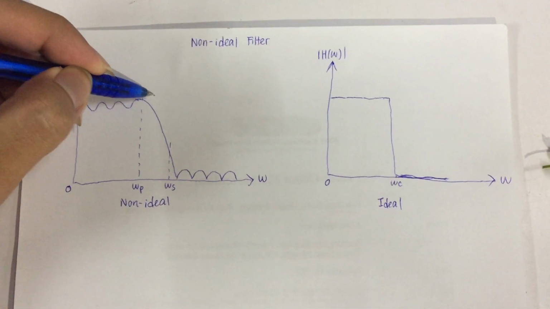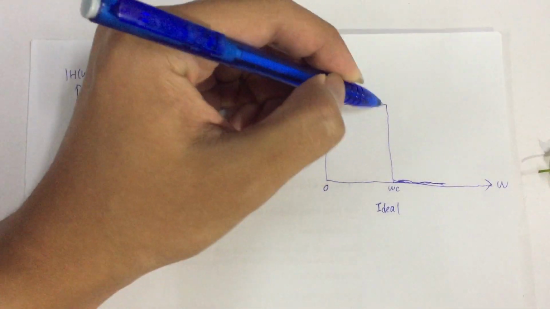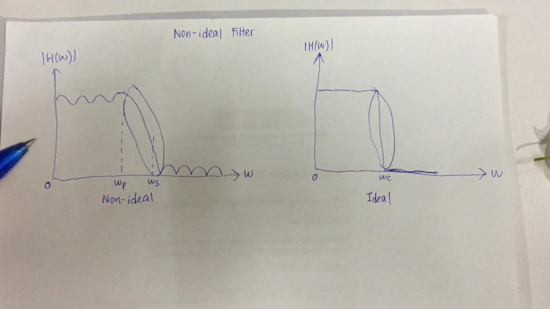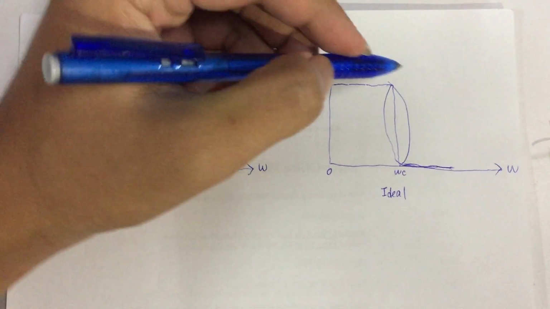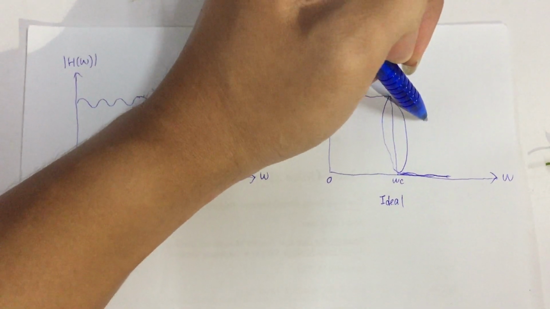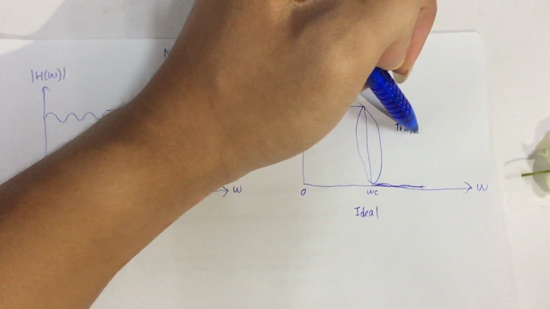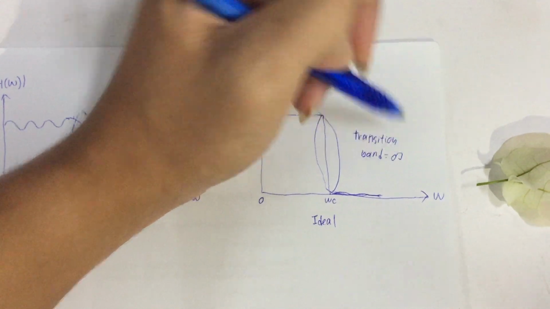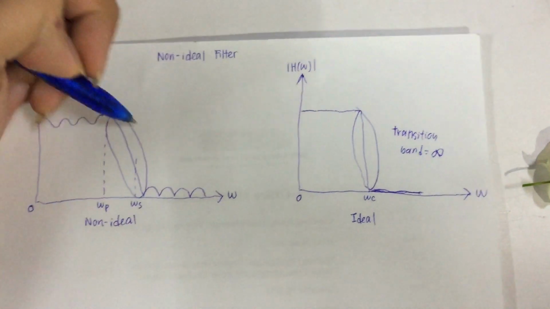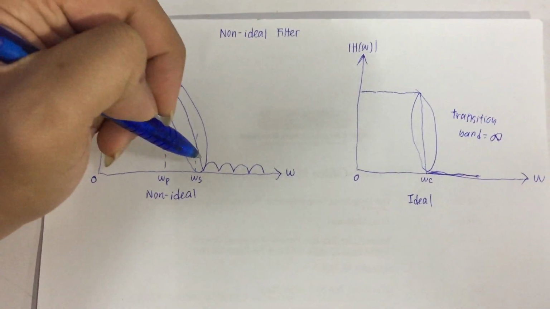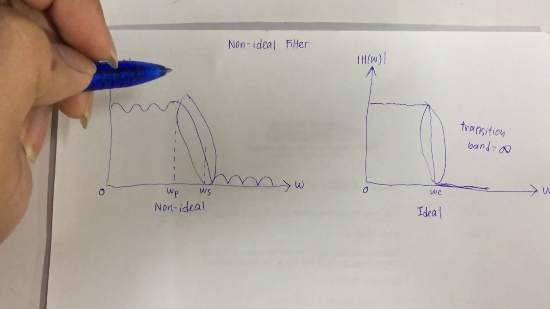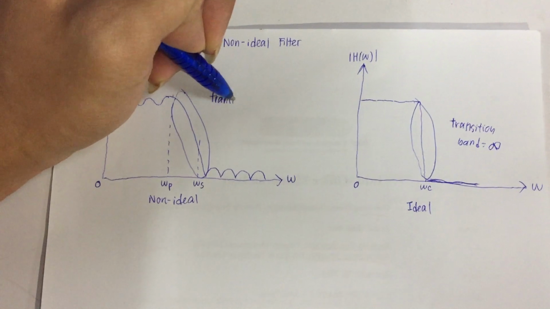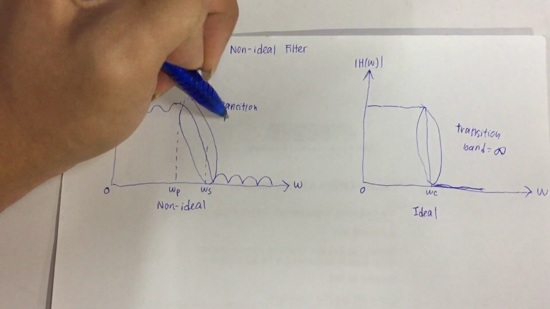The first one is the slope. This is what we call the transition band. In the ideal filter, the transition band is a straight line, which is equal to infinity. For this one, you see it has a value, it is not infinity, because in practice it is impossible to achieve an infinite transition band.